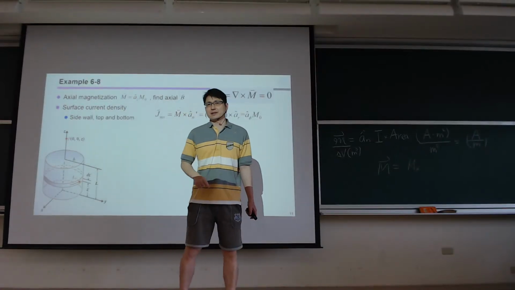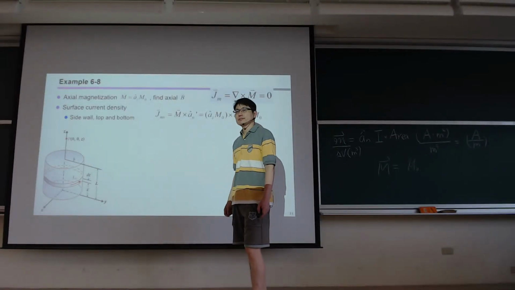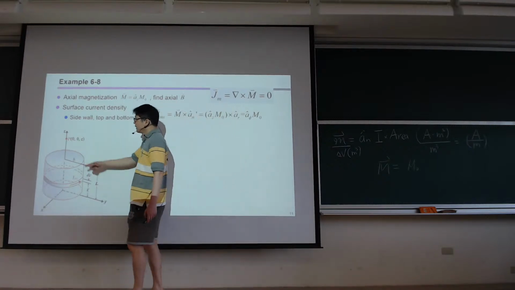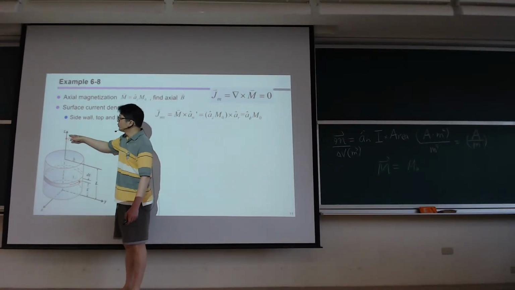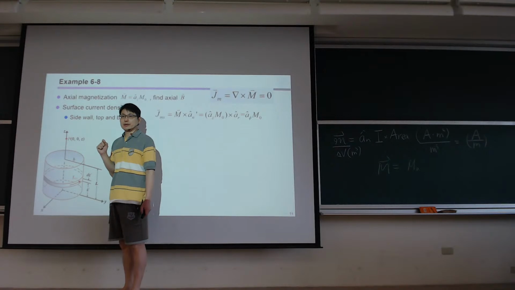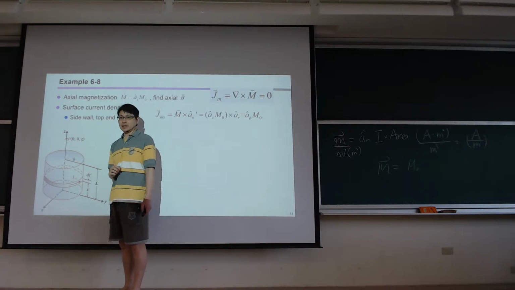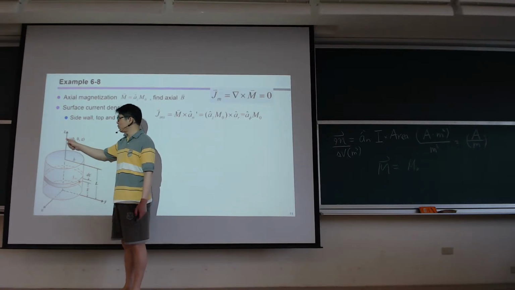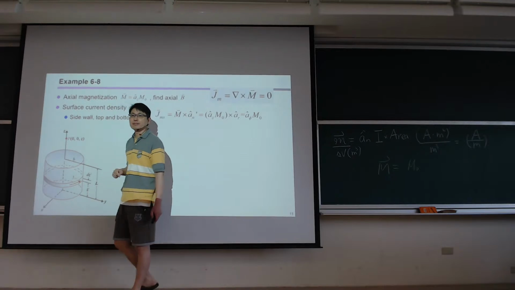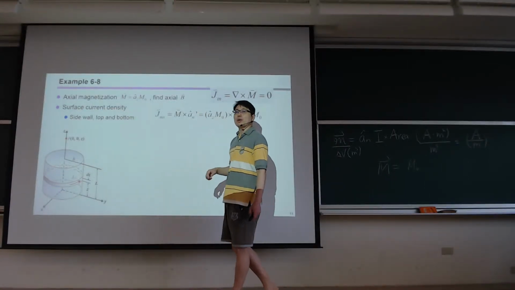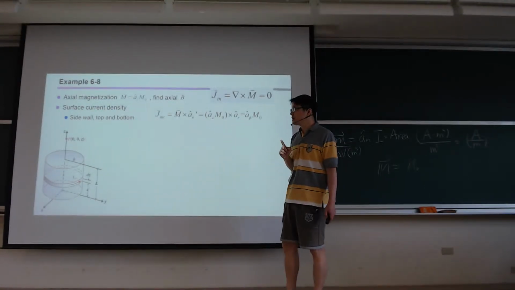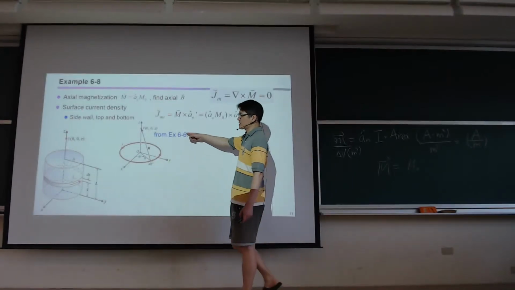So why is that important? In the end, we want to know what is the total B field created by this magnetic material at an observation point of 0, 0, z. Well, if you still remember, we actually analyzed a simple case, right?